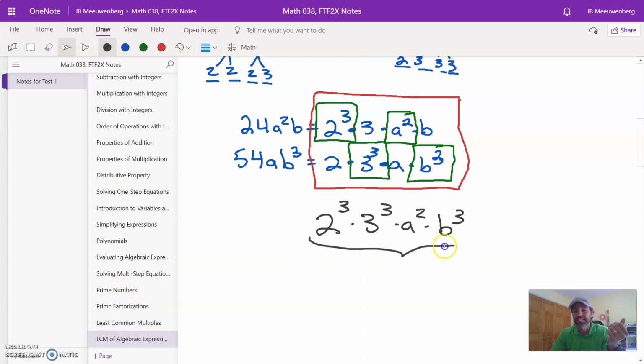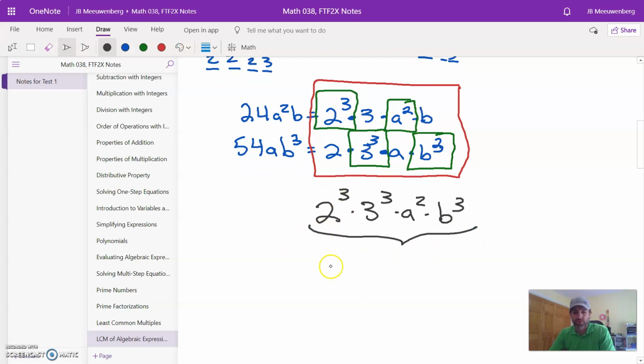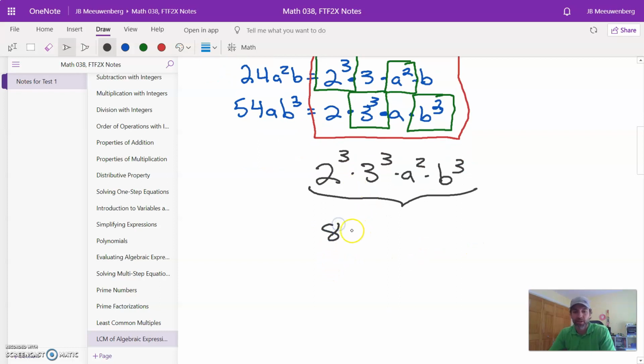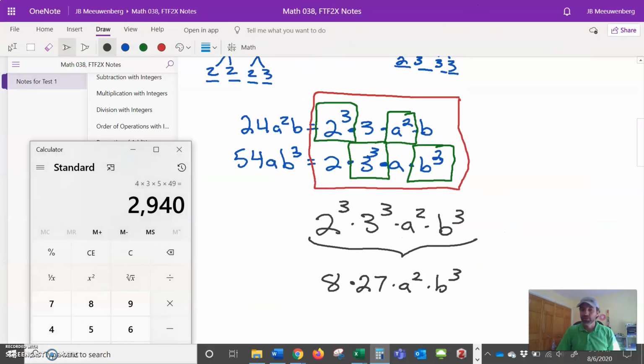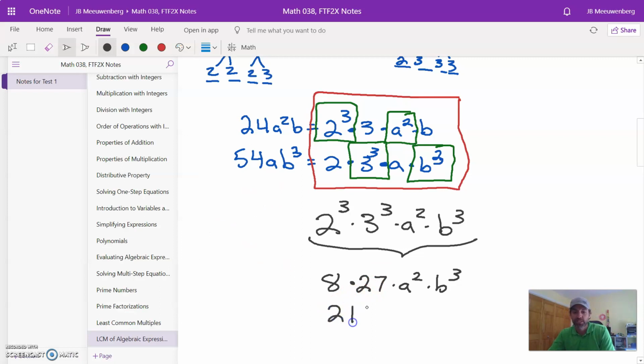Now we simplify it. 2 to the third is 8 times 3 to the third is 27 times a to the second times b to the third. Now we multiply 8 times 27. Might want your calculator for that. Maybe not. Whoops. Calculator. 8 times 27 equals 216. 216a squared b cubed.